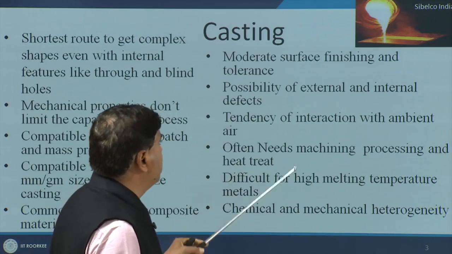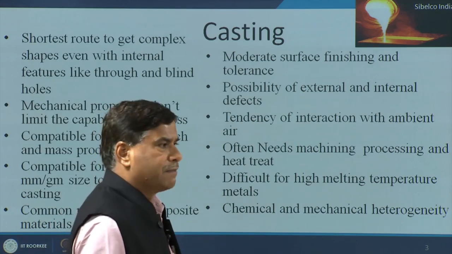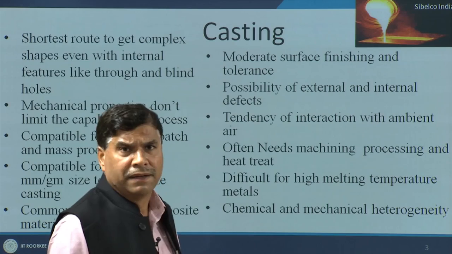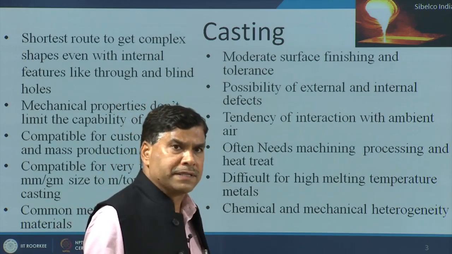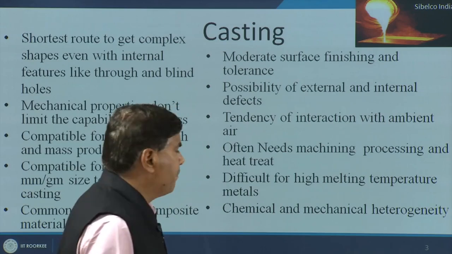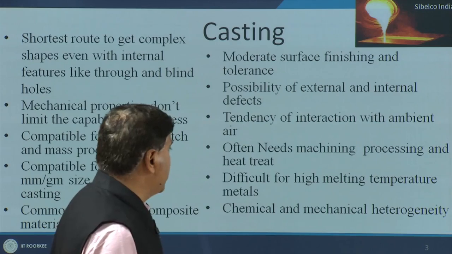Similarly, heat treatment of the casting is also carried out to enhance the characteristics and properties of the castings, because in as cast conditions castings offer somewhat poor mechanical properties, and therefore, to enhance the properties, sometimes heat treatment is also carried out.